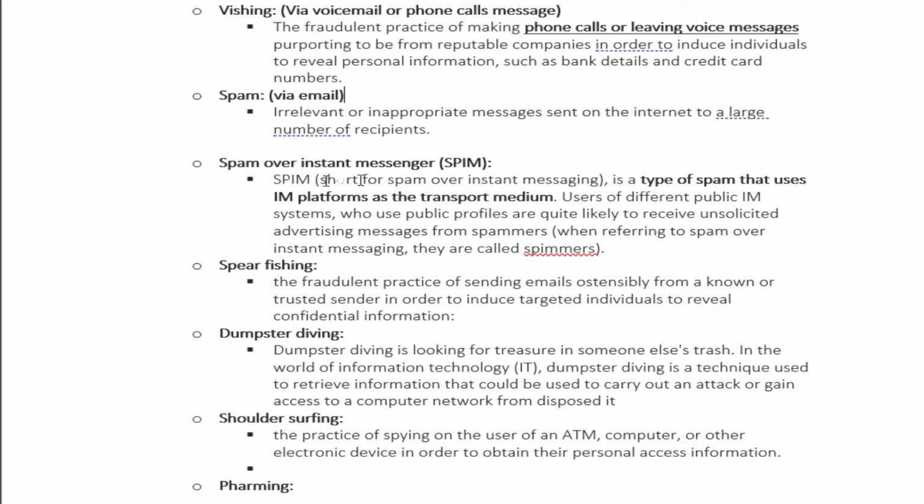Another acronym, which is short for spam over instant messaging. And this is a type of spam that uses IM platforms as the transport medium. Users of different public IM systems, which is instant message or messenger systems, who use public profiles are quite likely to receive unsolicited advertising messages from spammers.